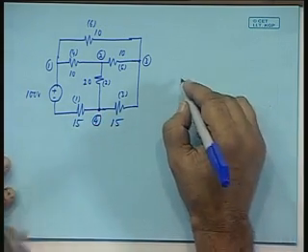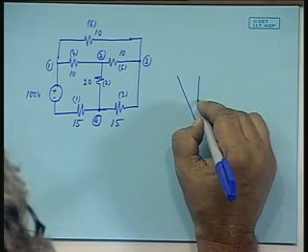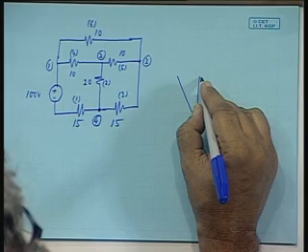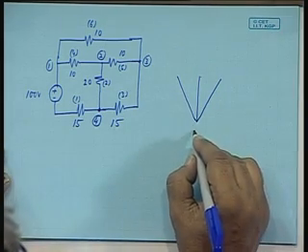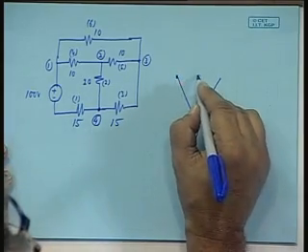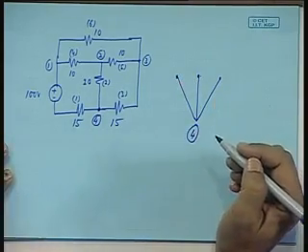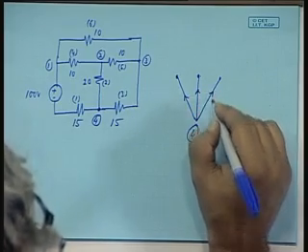So, we draw a tree, a graph we draw. We can take number 4 as the reference node and I can take this as the tree. These are the 3 different directions.